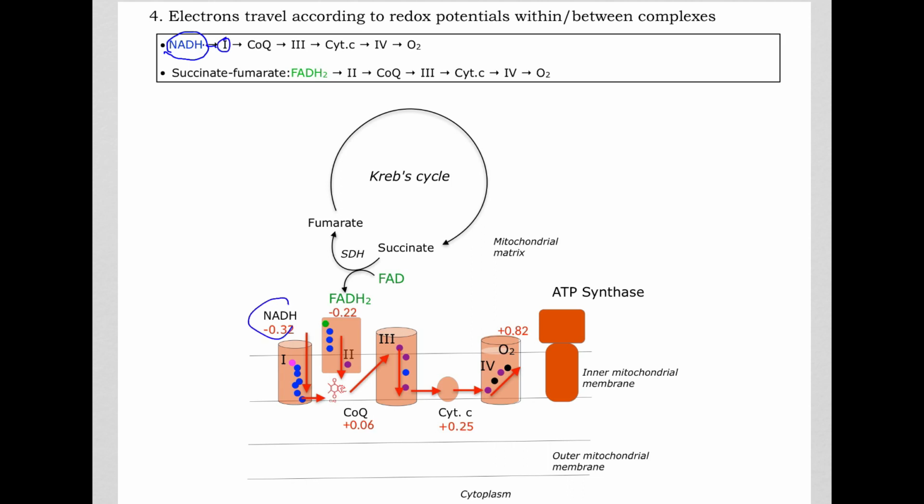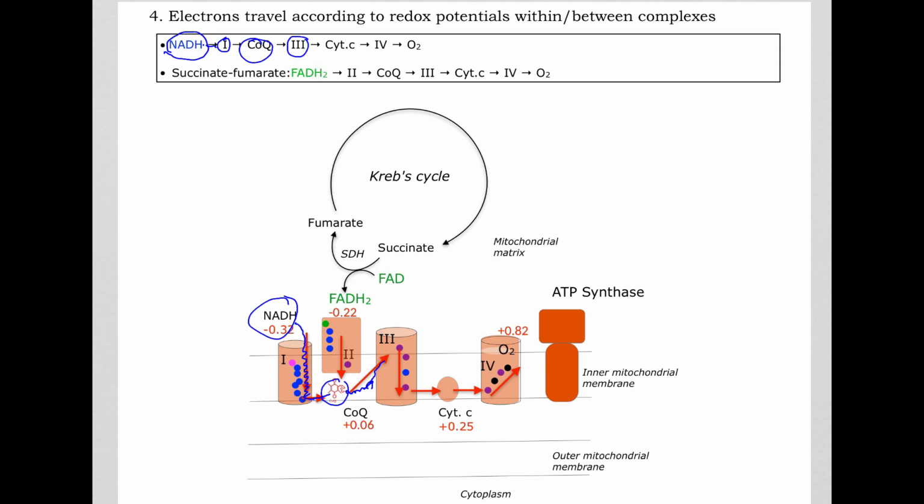Here NADH sends its electrons to complex 1. Then the electrons travel throughout the various redox centers of complex 1, and then these electrons are accepted by coenzyme Q. Now this coenzyme Q can travel around, and it will donate its electrons to complex 3.